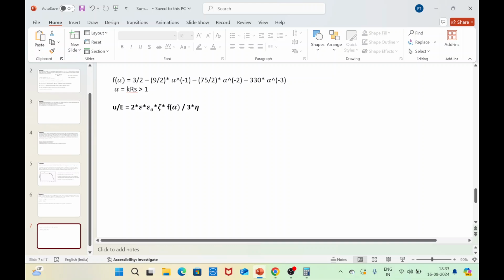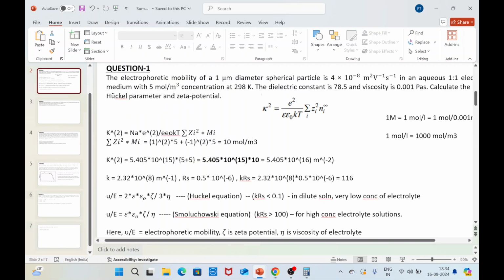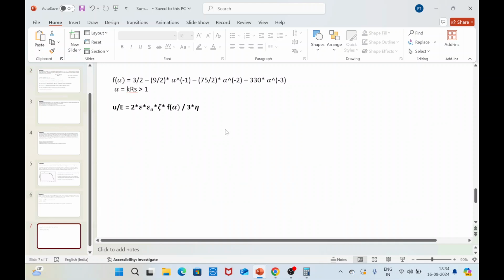But for specialized cases where KRS is greater than 100, if you use this expression, you see it is here alpha power minus 1, right? So it will be 1 by 100. So that value will be very less. So you will be left with f of alpha as 3 by 2. If you substitute that here, this 3 by 2 and 2 by 3 will get cancelled and you will end up with this equation. So let me just show that as an example.